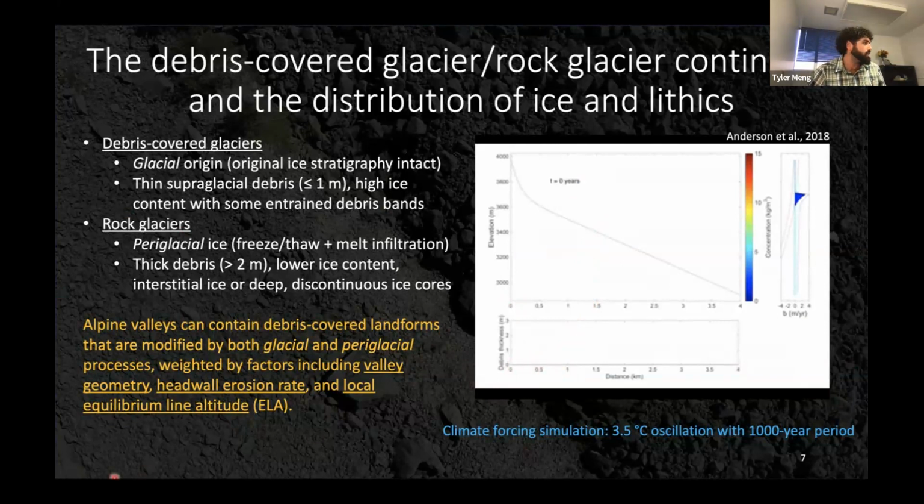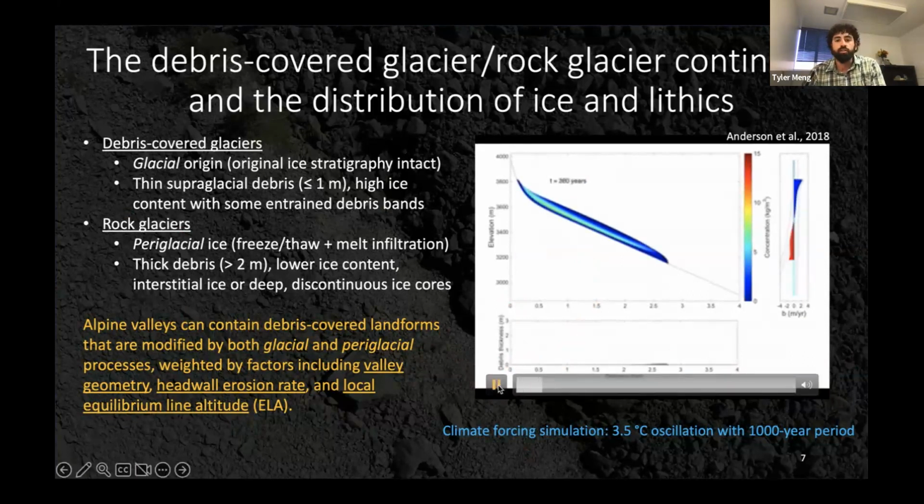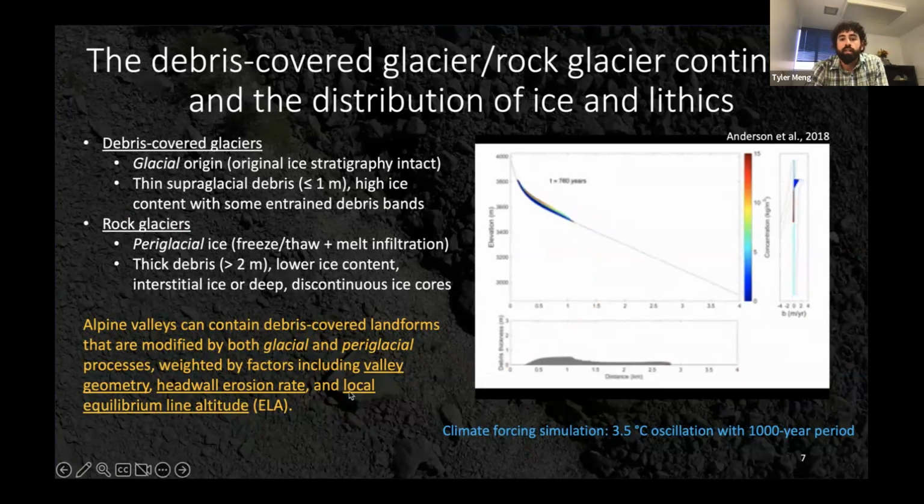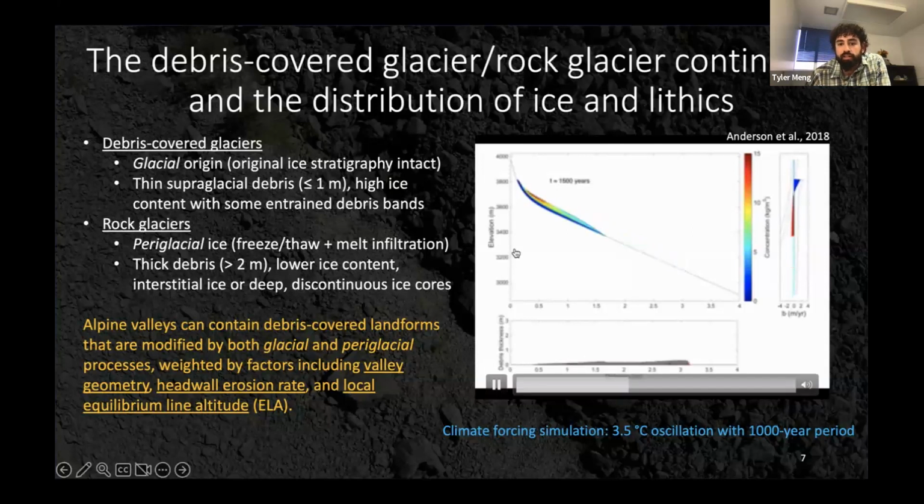As you can see, it oscillates between a longer debris-covered glacier, and you can see this end glacial debris band develop as the debris-covered glacier grows, and then it retreats as the climate warms, and the debris thickness is concentrated on top of this rock glacier.